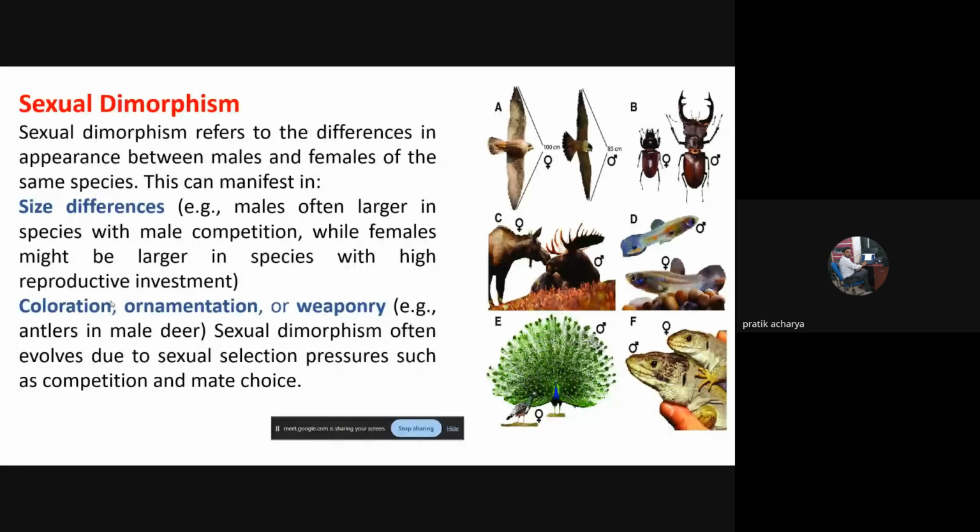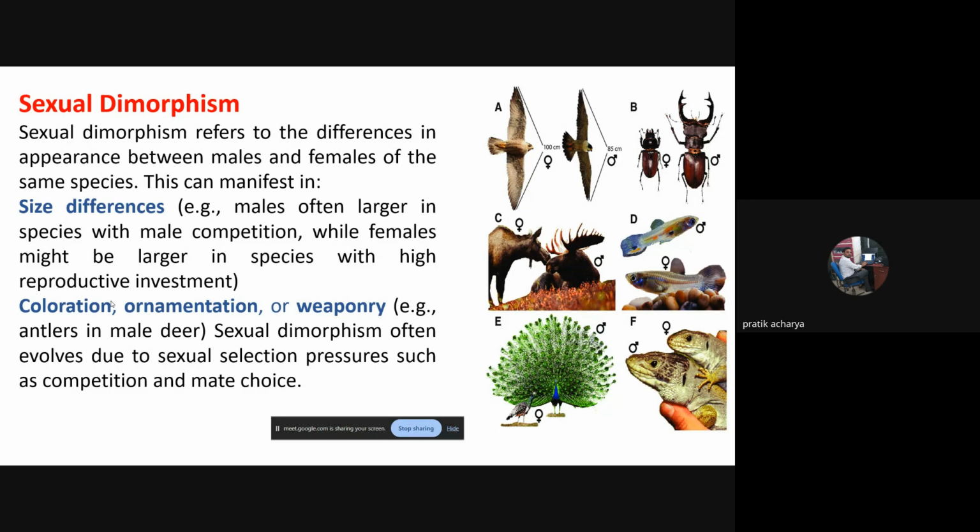Sexual dimorphism refers to the differences in appearance between male and female, the morphological characteristics. When we visualize the organism in front of us, then we can separate those organisms. We can tell that this is male, this is female. So these are the dimorphic characteristics.